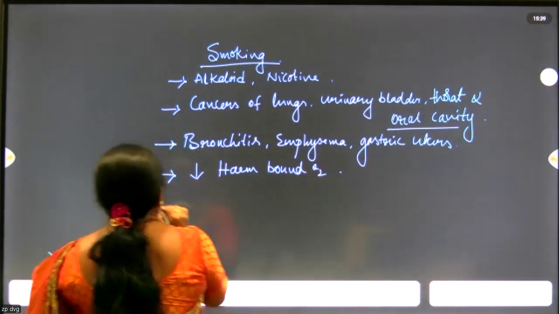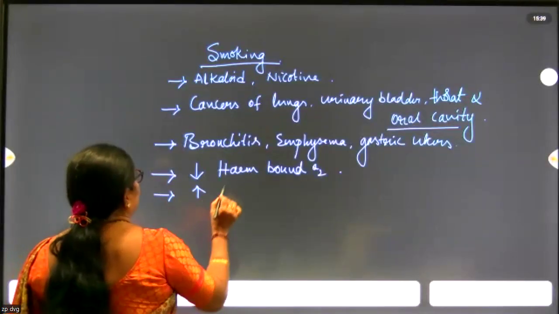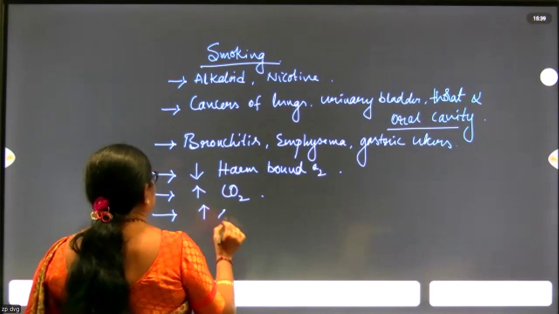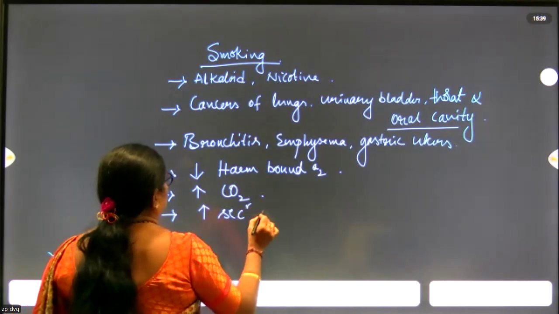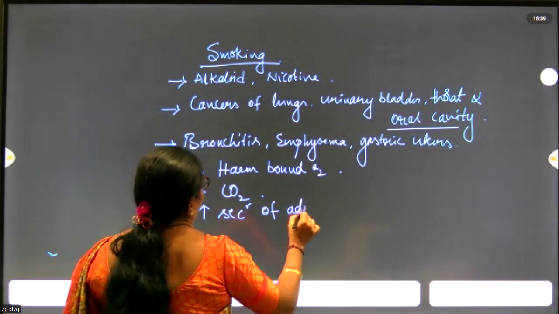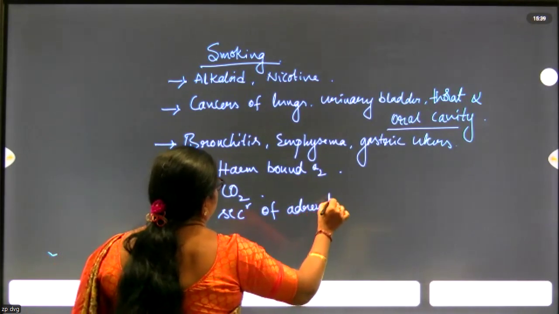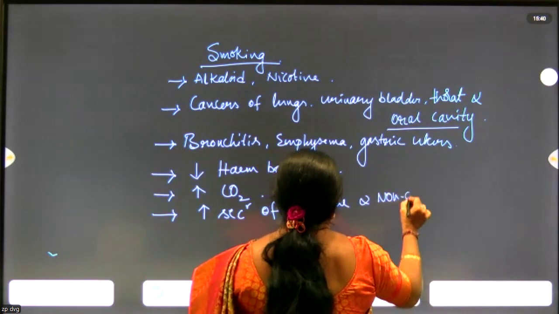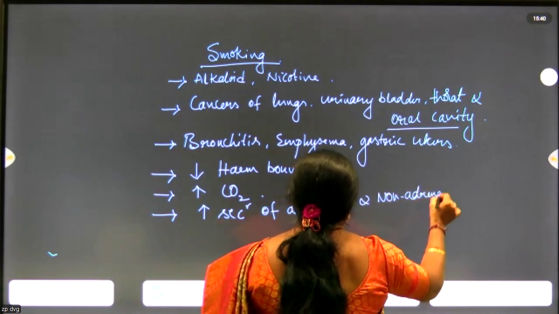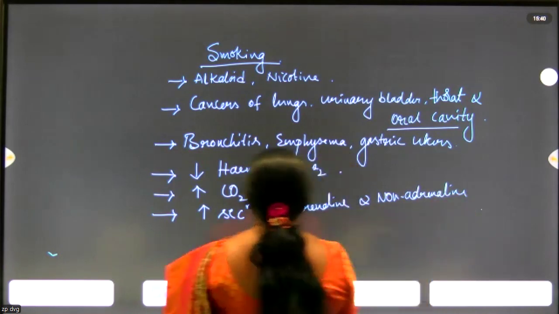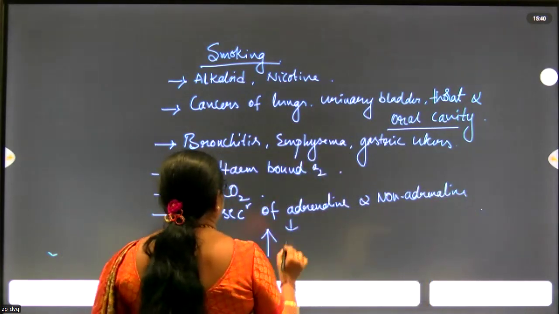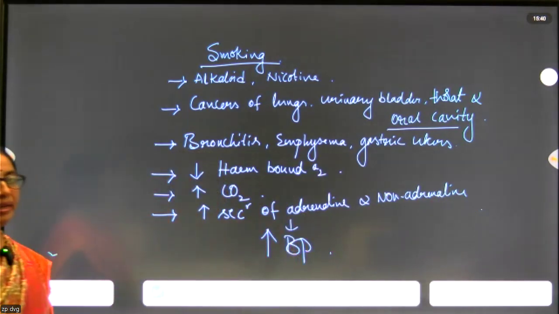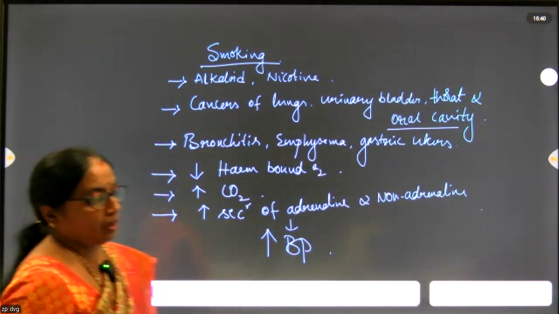Then it will increase the concentration of carbon dioxide. It increases secretion of adrenaline and noradrenaline, which in turn increases the blood pressure. So these are some of the effects of smoking.